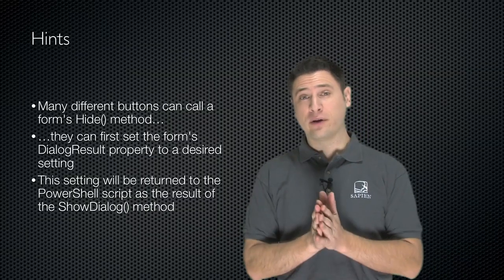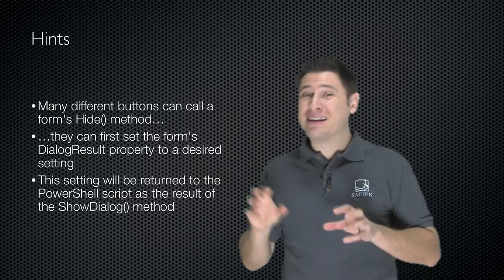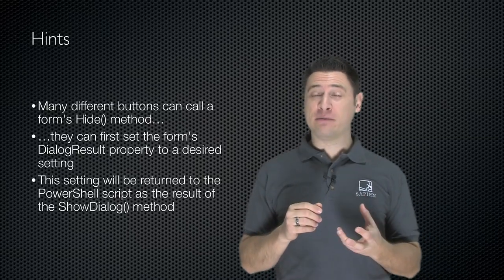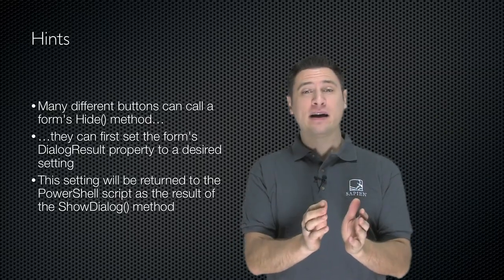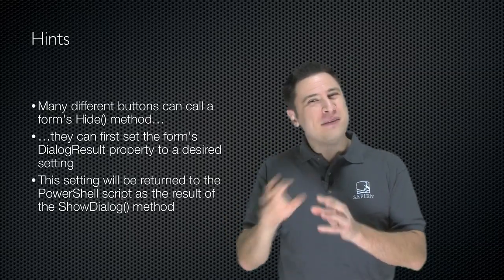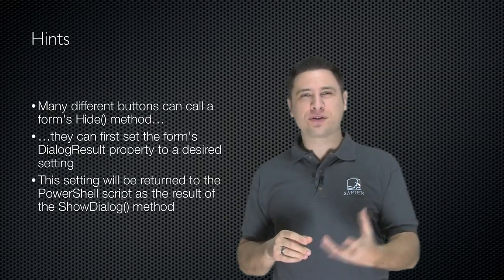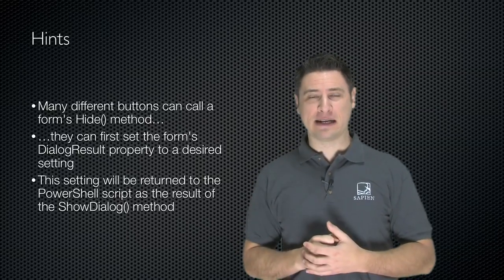Here are some hints for working with WinForms within PowerShell. First of all, many different buttons can call a form's hide method. Right? If you're making a dialog box, you might have an OK button and you might have a Cancel button, and you want both of them to hide the form, but they both mean something different. OK means that your script is supposed to do something now, and Cancel means your script is not supposed to do something now.